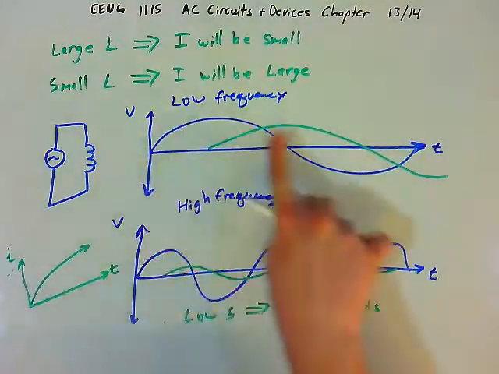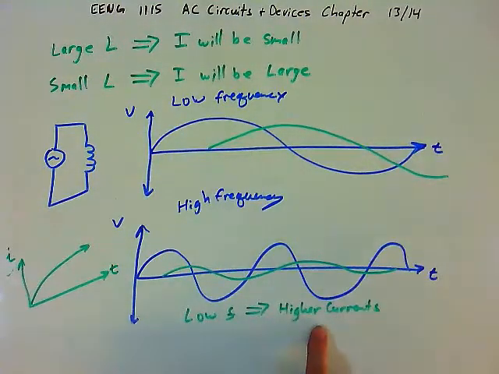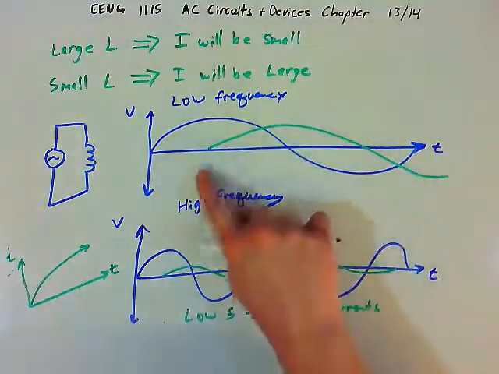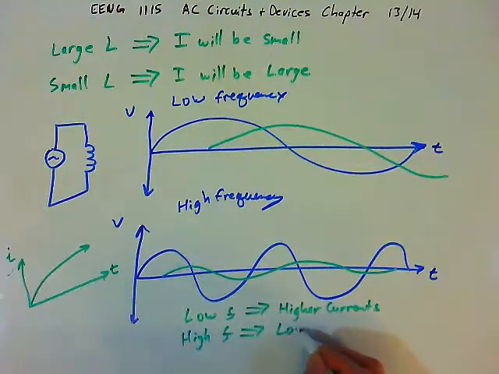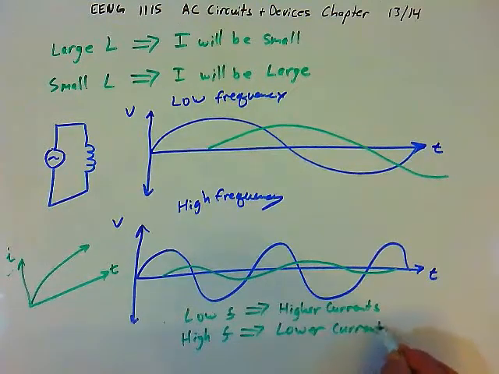Right? With a low frequency, we're going to have higher currents because it has more time to rise, right? More time to rise up to a higher value. With a higher frequency, we're going to have lower currents. Lower currents.